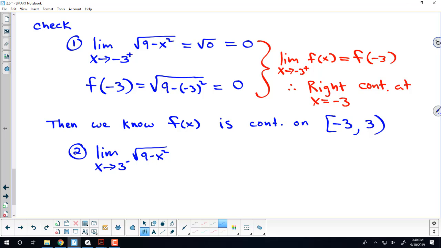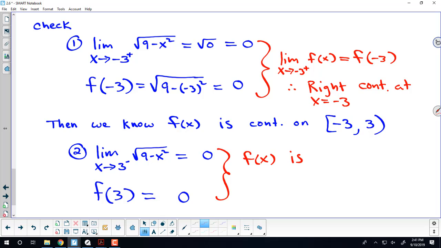Well, that limit again is 0. f of 3 is also 0. We put those two pieces together and we say f of x is left continuous at x equals 3.